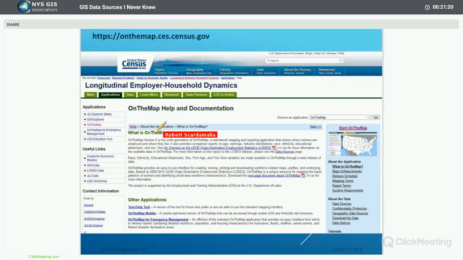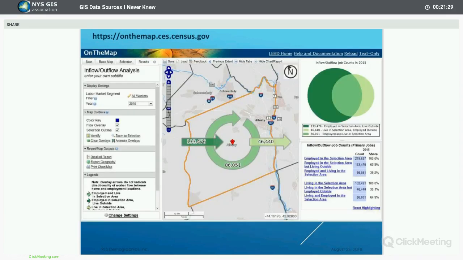On the map is another unique capability. And it's unique because of the geography and what this thing can tell you. On the map allows you to look at the link between the residence of the employee and the location of their job, the employer.